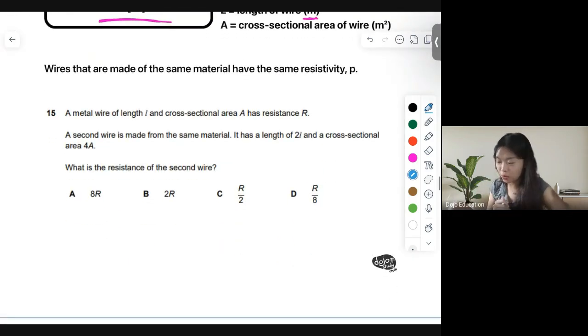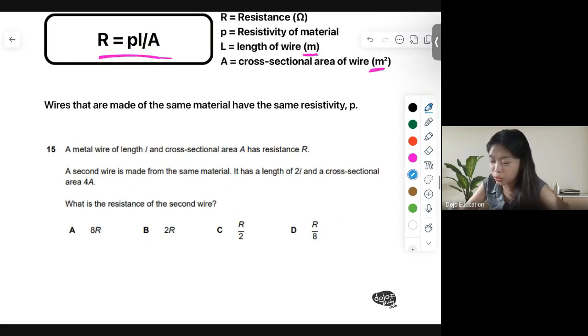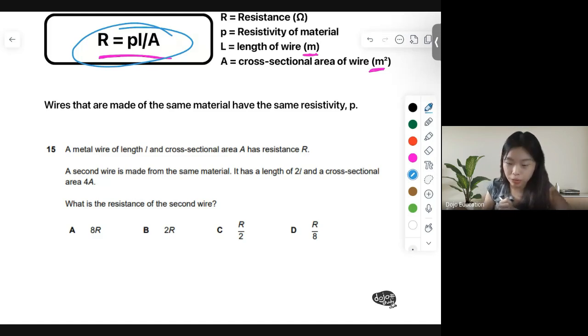For question 15, it's actually very similar to the question that we did just now. That involves using R equals rho L over A. I want everyone to try, because we went through similar questions just now, and I think you should be able to try this question already. I'll give everyone 2 minutes. But take note, what is changing? Is it the thickness that is changing or is it the area that is changing? The area was A and it's now 4A.